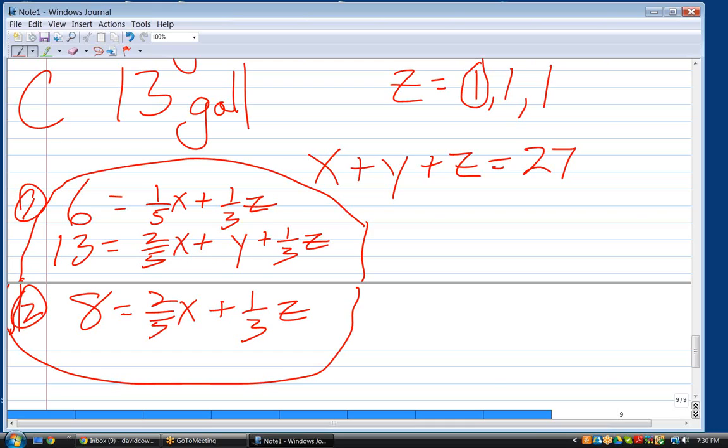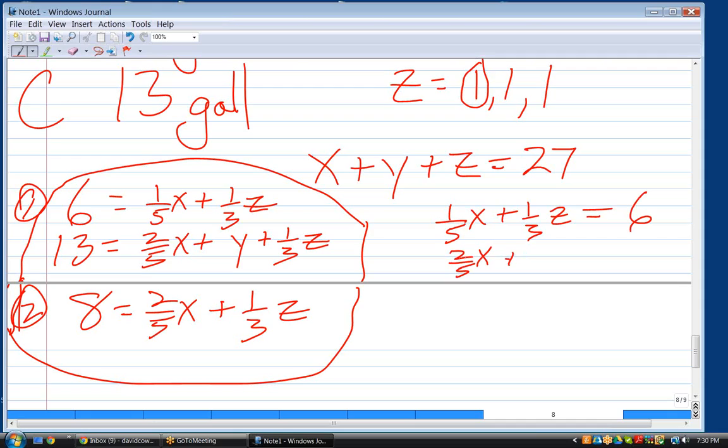Okay, so let's do that. Let's lay these 2 equations out in standard format. 1/5 x plus 1/3 z has to equal 6, and 2/5 x plus 1/3 z has to equal 8.